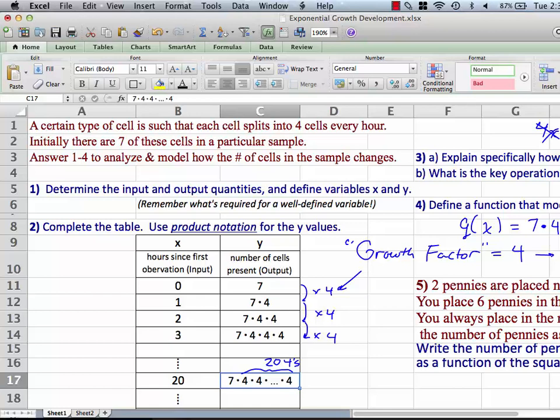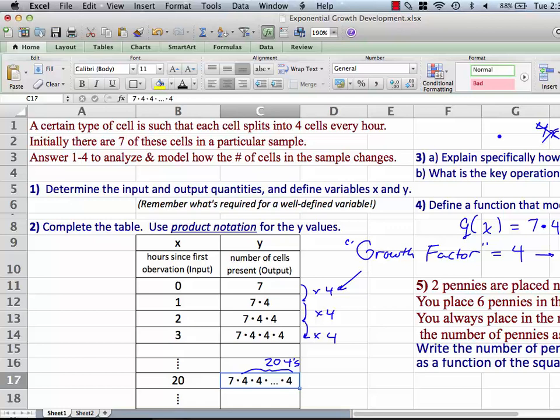Because if we were on hour, say 37, then for 37 hours, for every hour, it got multiplied by 4. So how many times did it get multiplied by 4? 37 times, and that would be g of 37. Okay? 7 times 4 to the 37. You imagine 37 4s multiplied together.